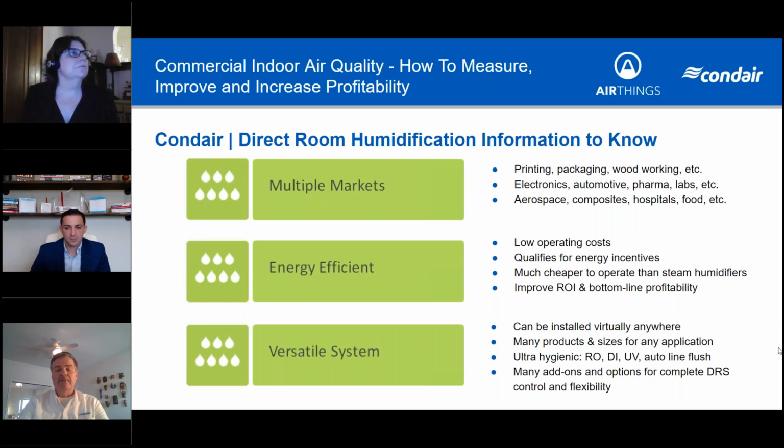A lot of it has to do with size of the facility. Again, looking at commercial space, we're generally dealing with larger manufacturing facilities, production facilities, those types of operations where having an energy efficient system that provides the humidification you need for the process, as well as the health of the people in the space while helping to improve indoor air quality is critical.